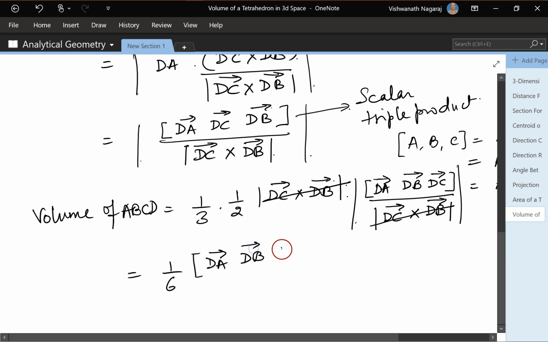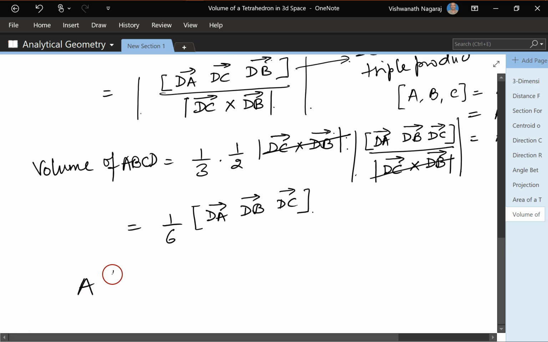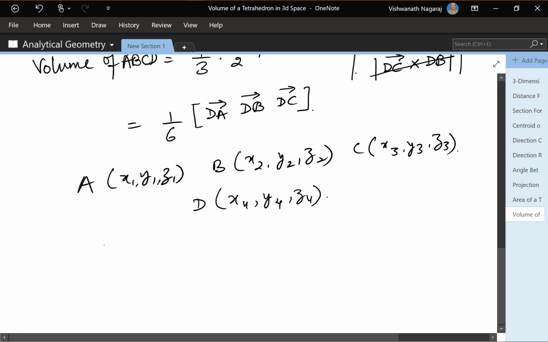Let's say the coordinates of A are x1, y1, z1, of B are x2, y2, z2, of C are x3, y3, z3, and of D are x4, y4, z4. Then look at the position vectors we are interested in, that is vectors DA, DB, DC.